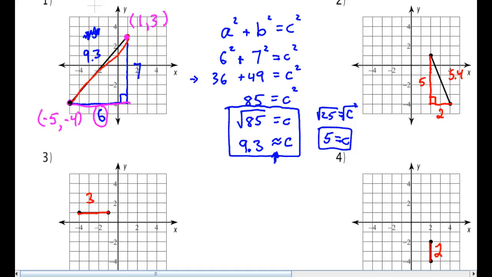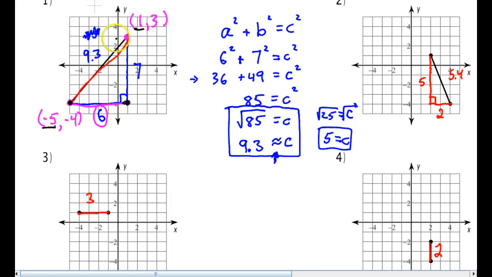How can I figure out on the x-axis, left and right, that it's 6 across using my x values? You tell me. Yeah, so -5 and 1.